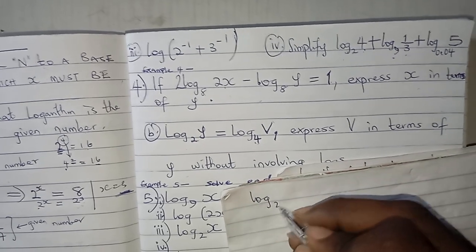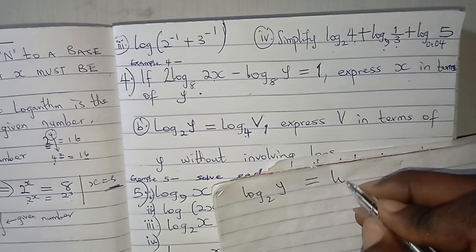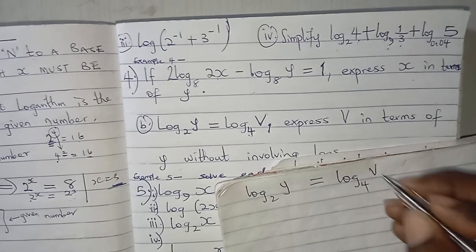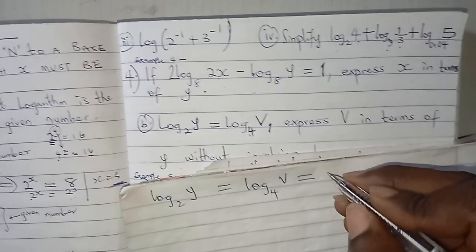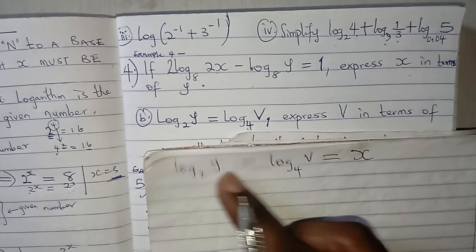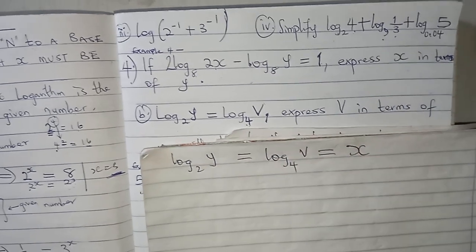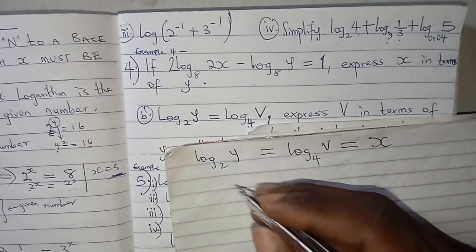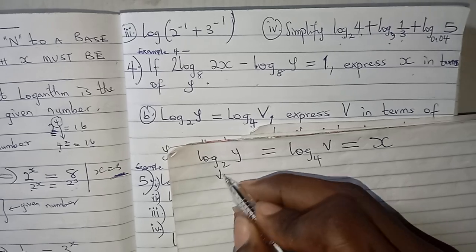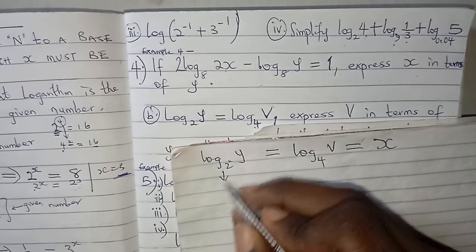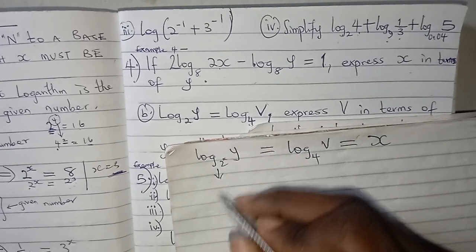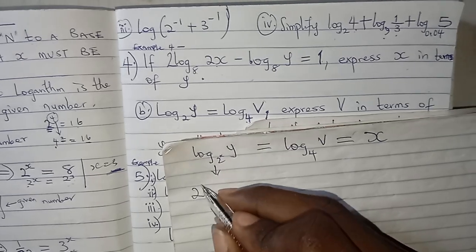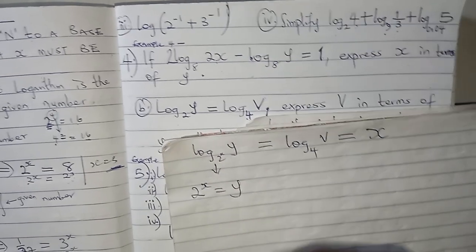For the fact that they have nothing in common, I'll simply let each one carry its cross. Since they said this equals this, this is also equal to x. I ask myself, what do I add to this base to get y, which is the same thing as saying 2 raised to power x is equal to y.